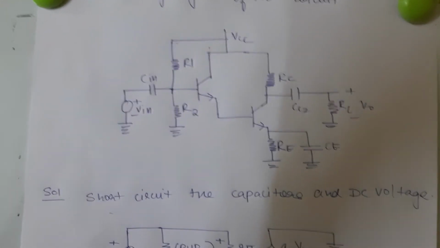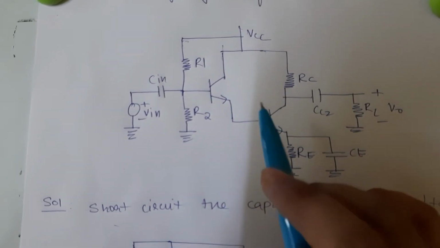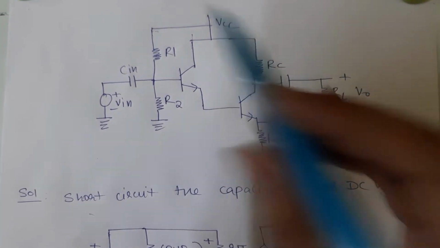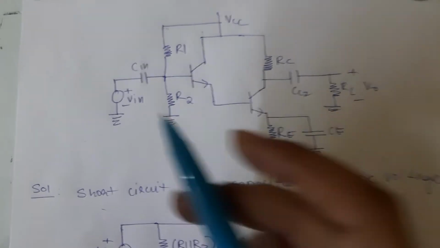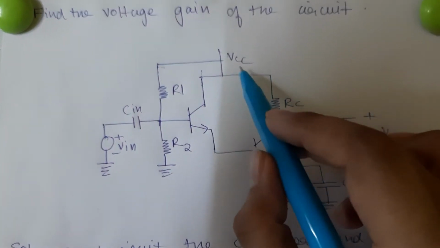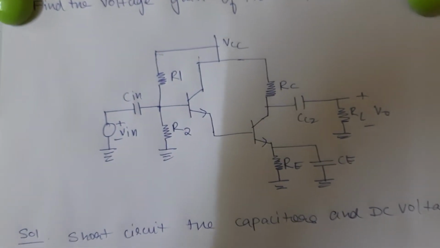Here we see that there are two transistors which are connected to each other. One is in the common emitter configuration and the other one is connected to the base of the other transistor. We have an AC supply called Vin, a DC supply called VCC, resistors and capacitors.